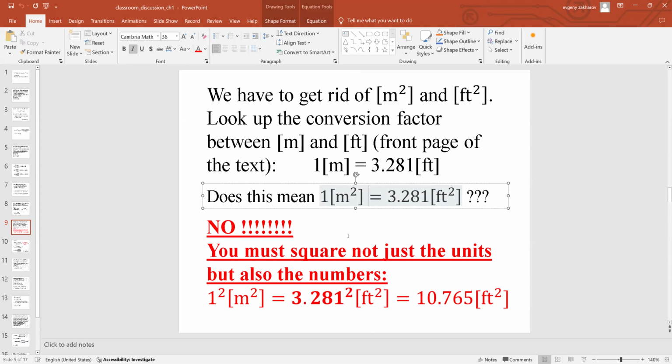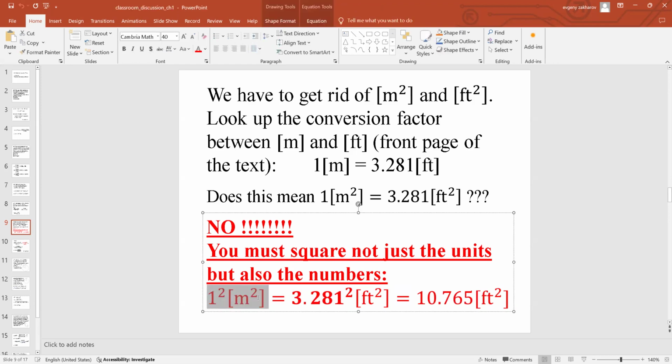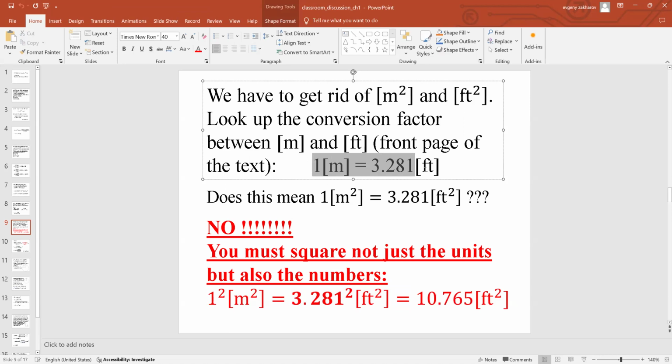Okay? So it's 1 squared meters squared, 3 and the change squared, feet squared. And once you square the 3 and the change, you'll actually get something close to 11. So your conversion factor between a meter squared and the feet squared comes from squaring the linear conversion.